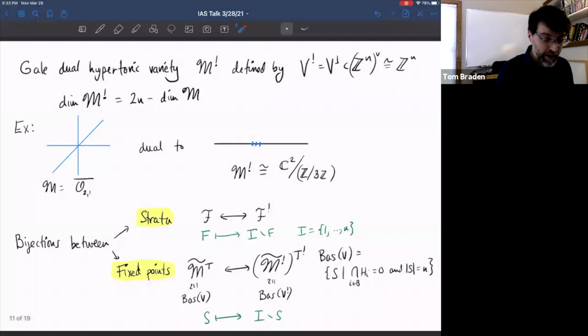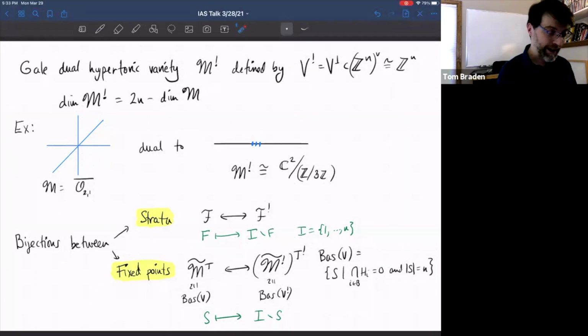Okay, so given this hypertoric variety, defined by this information, there's a dual hypertoric variety, a Gale dual hypertoric variety, which is also the symplectic dual or the 3D mirror symmetry dual, defined by taking the perpendicular lattice in the dual copy of Zn.